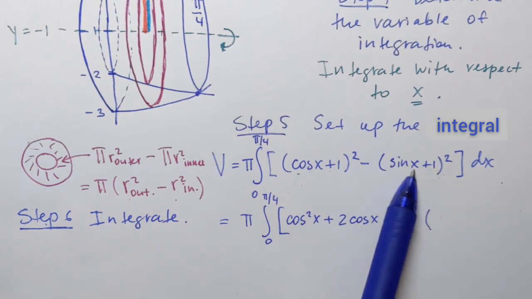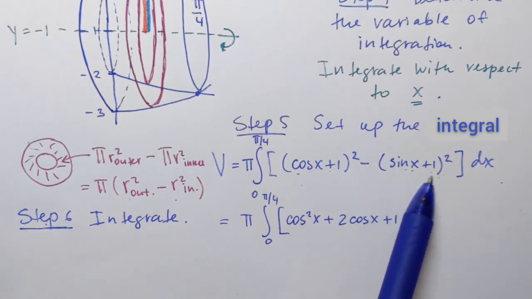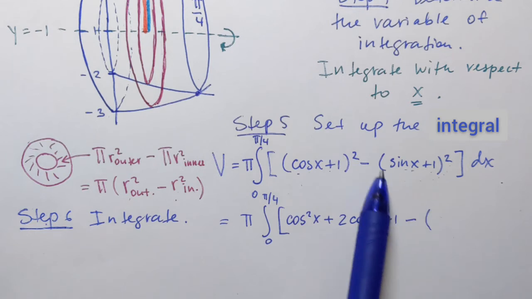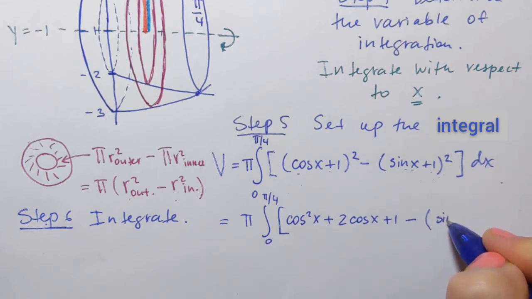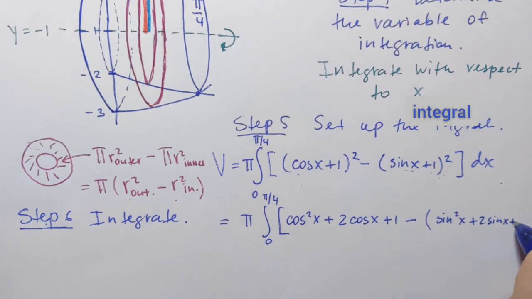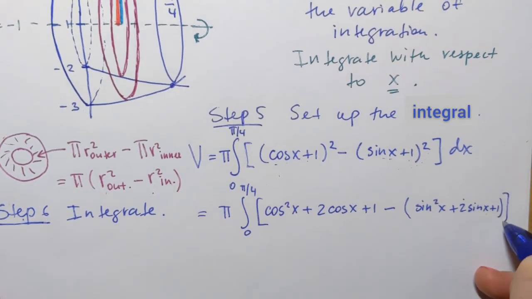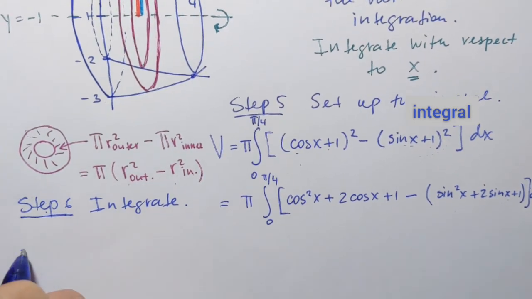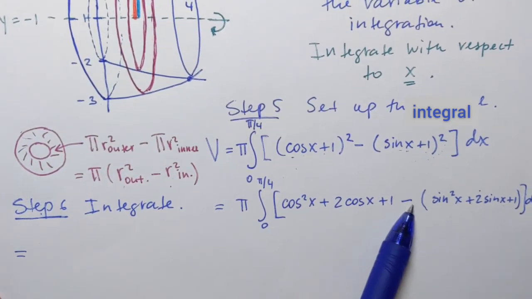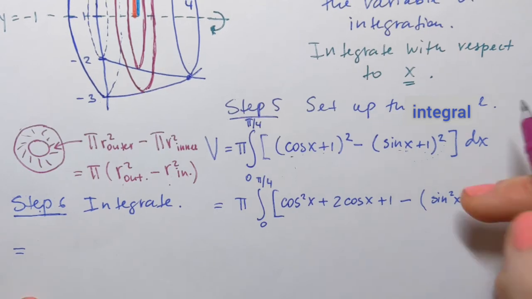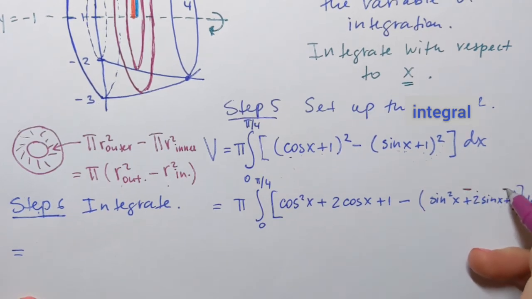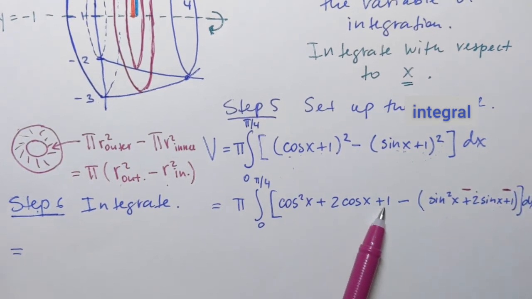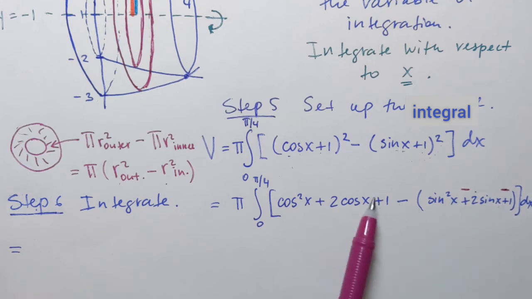Then as I square sine of x plus 1, again, I just have to write it twice and FOIL. Then I'll have sine squared of x plus 2 sine x plus 1. Okay, and then dx. Now as I clear the parentheses, the signs will be minus and minus. So I can see that positive 1 and that negative 1 will cancel.